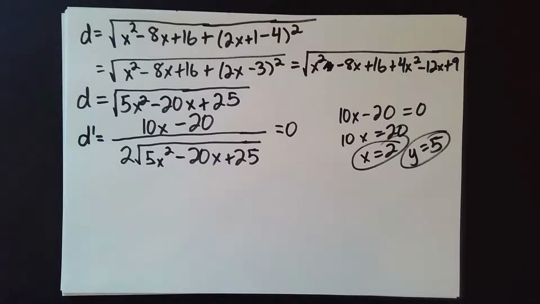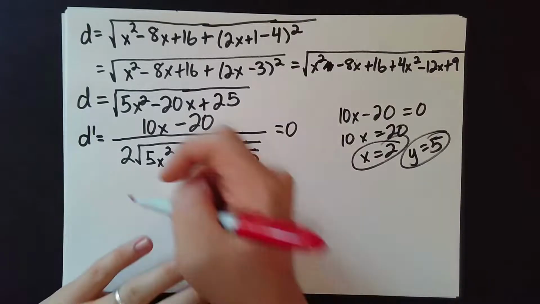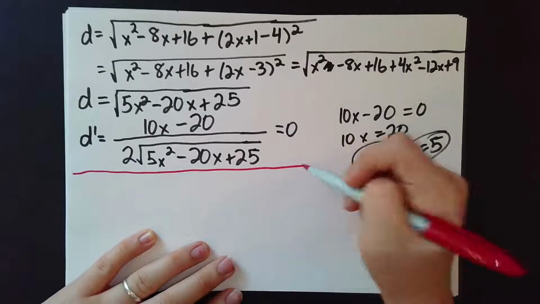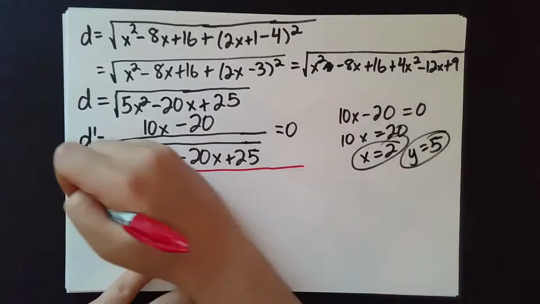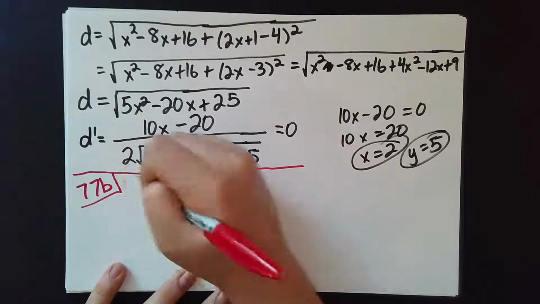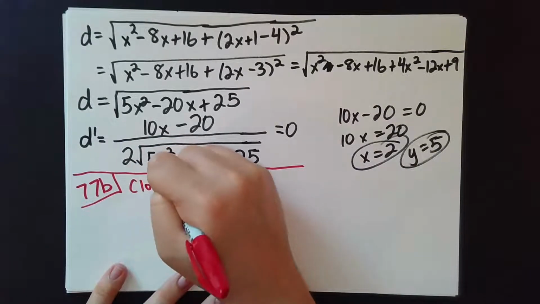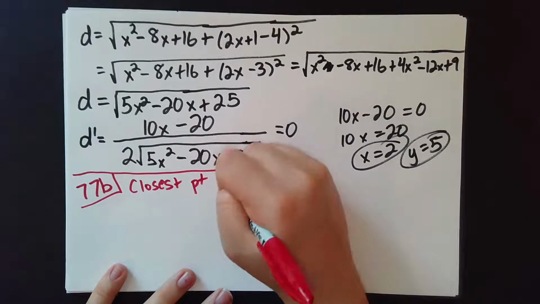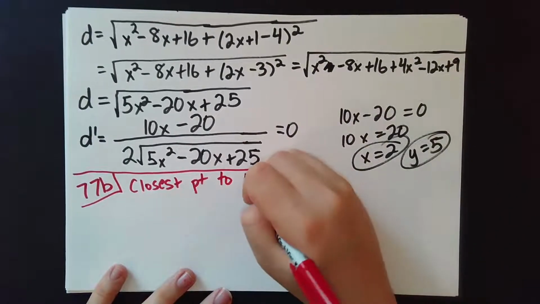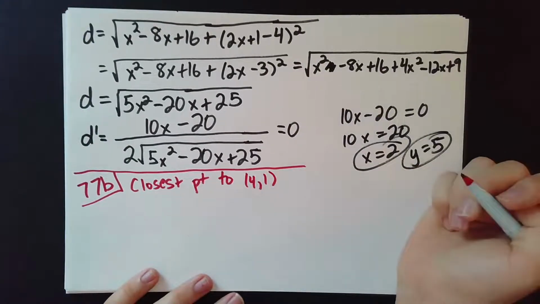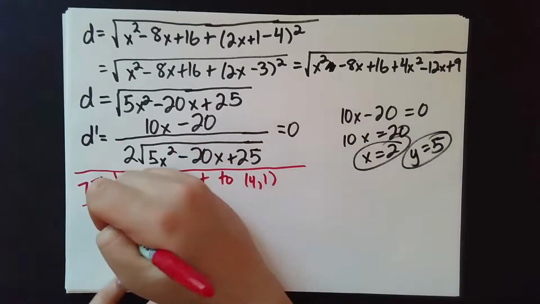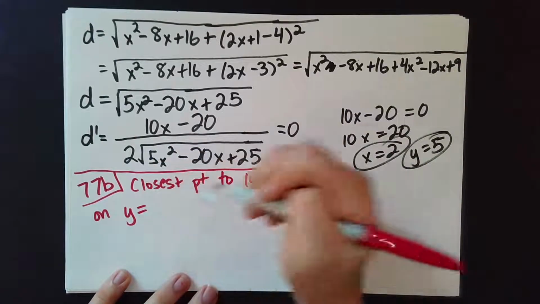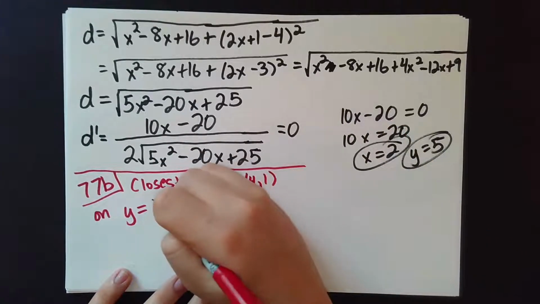And then I also have a request for 75B, which we can go back and peek at after this. So for 77B, we want the closest point to (4, 1) on the graph of y equals x squared over 2.